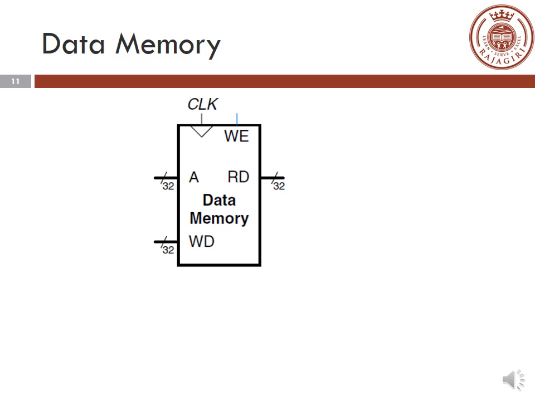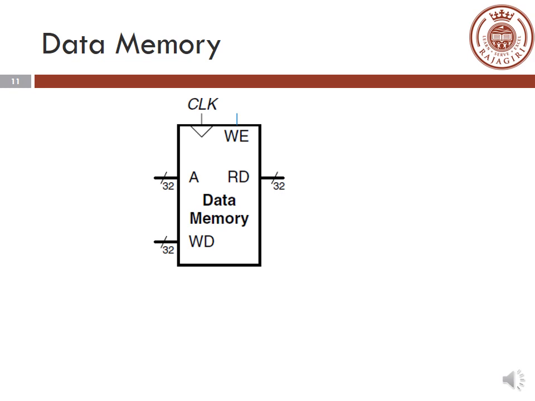When it comes to writing, it is done by providing your address at the A port, and your data in the WD port, the write data port, again 32 bits, providing your write enable signal WE and the clock signal.